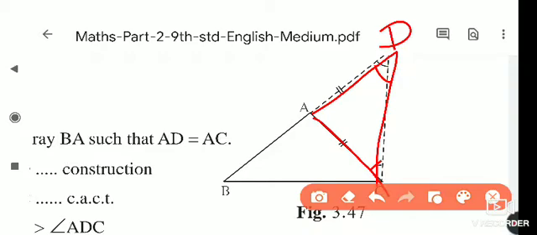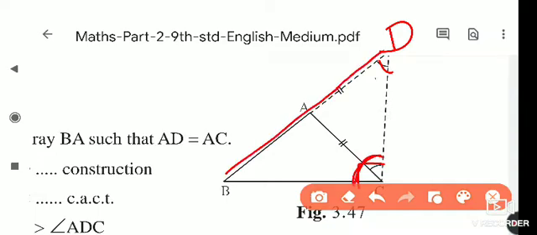After that, you have to add angle ACB inside angle ACD. Now this angle is greater than that angle because we add one angle inside it. Since this is the greater angle, BD is greater than BC, the side opposite to it.